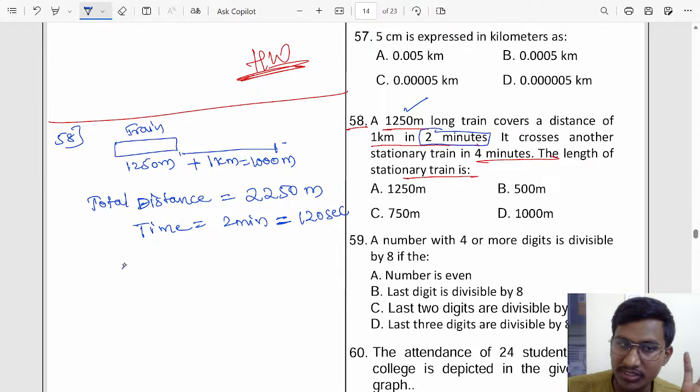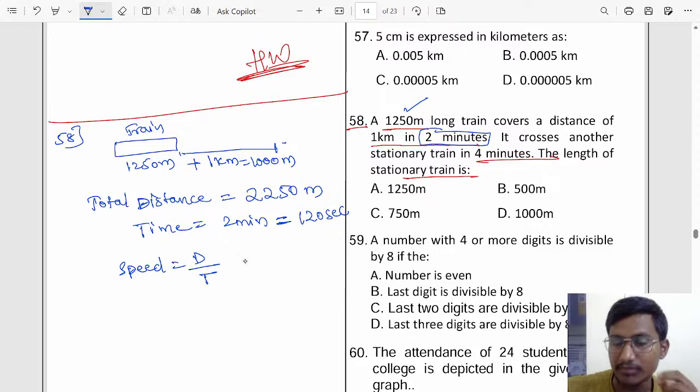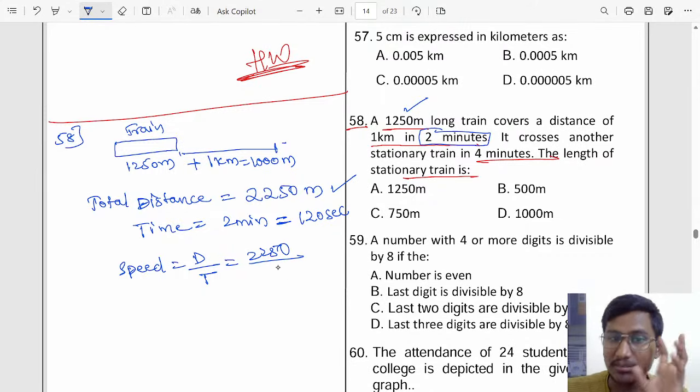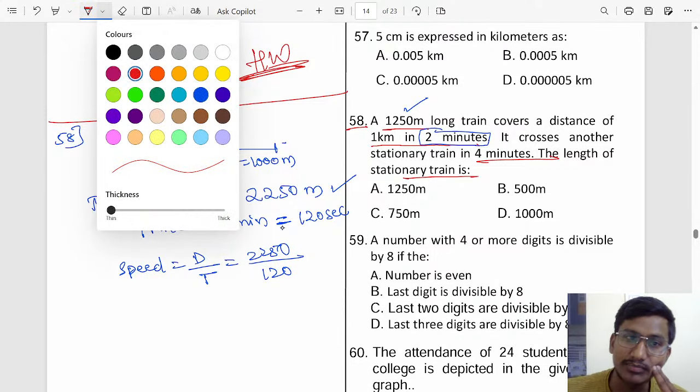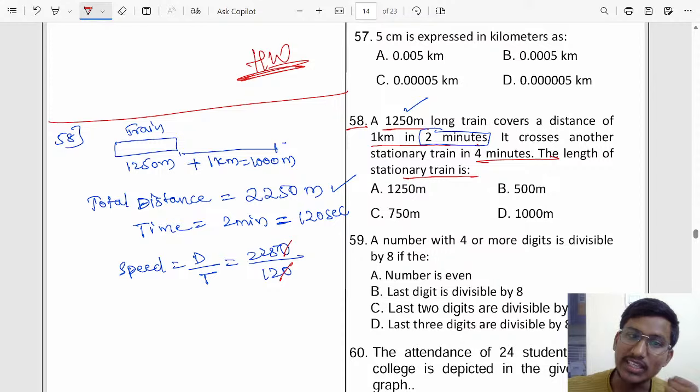Speed of the train will be how much? Distance by time. So total distance 2250 divided by time 120 seconds. Let us cancel it out. 1 zero and 1 zero cancel.